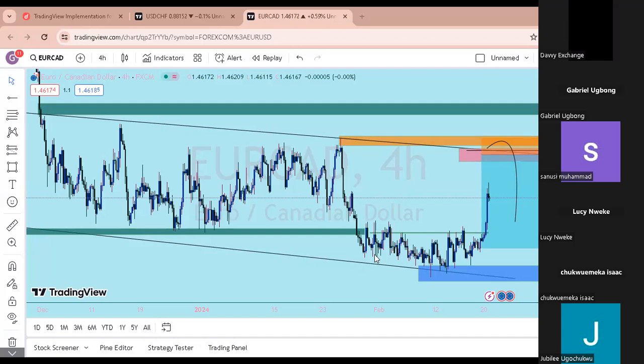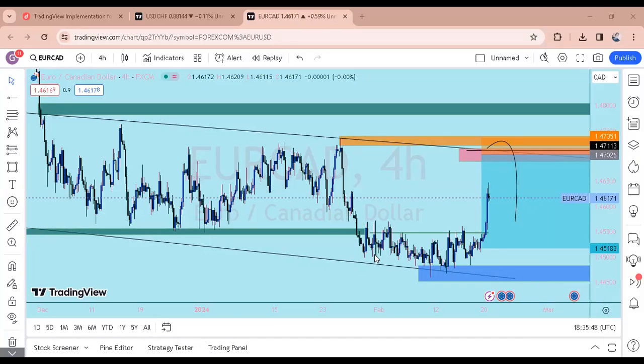The smaller time frames are always from the 1 minute all the way to the 30 minutes. You will always put those under the smaller time frames. And then I talked about the bigger time frames. The bigger time frames range from the 4 hour all the way to the weekly and monthly.